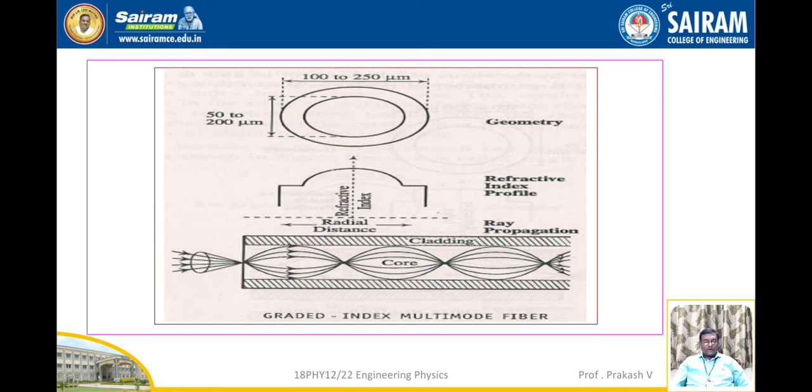Because of this property, whenever a beam of light enters the optical fiber, it will take a curved path as shown in the diagram. So here more optical signals undergo total internal reflection. That's why it is considered a graded index multimode fiber.